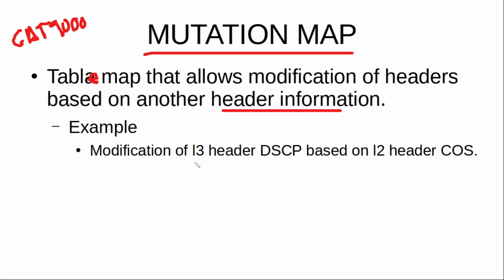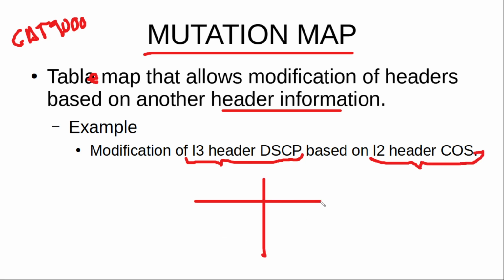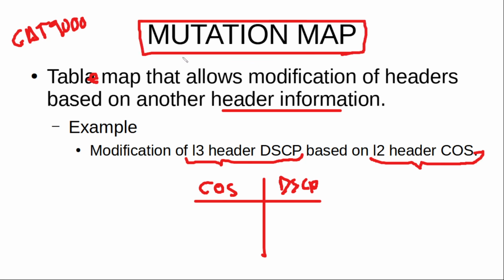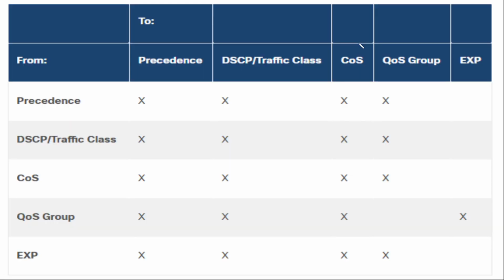So for instance, I can modify the layer 3 DSCP header based on a layer 2 header CoS. In this case, I will use a table map where the from value will be CoS and the to value will be DSCP. And this will be a mutation map.